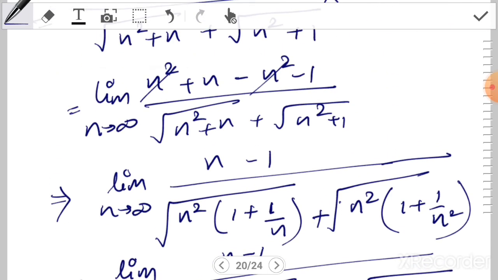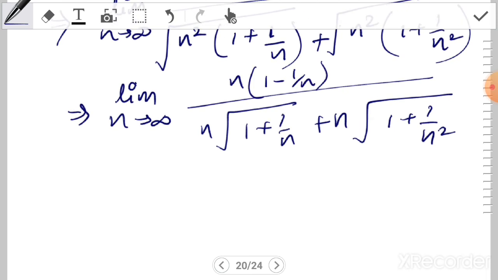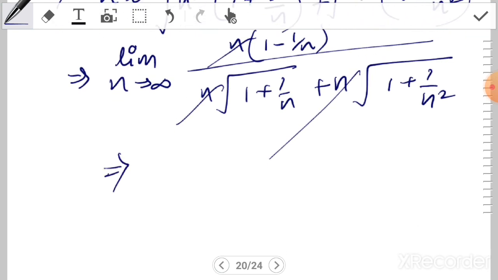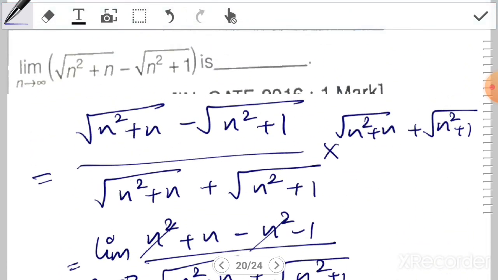Okay, n minus 1 can also be written, if you take n common, as n into 1 minus 1 by n. Now we can cancel out n. So now let us put n equal to infinity, then this value will be 1 minus 0, that is 1, and this will be 1 plus 1, so that is 1 by 2. So the answer is 1 by 2 or 0.5.